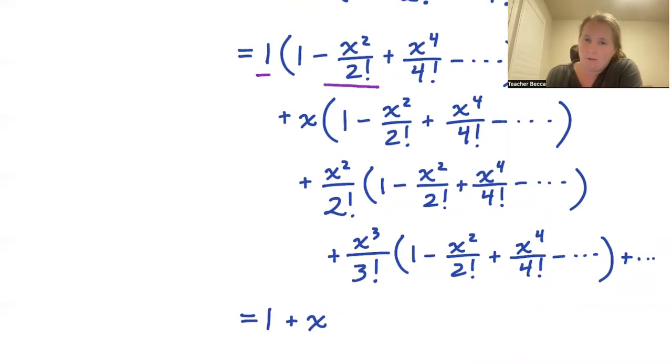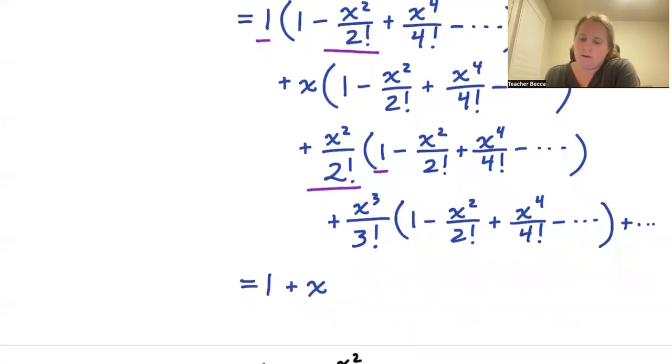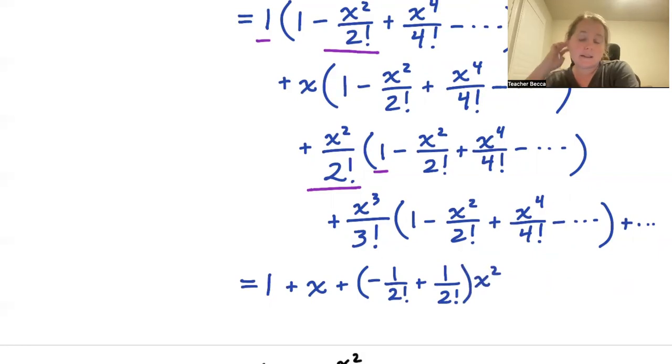And then we will have a plus x squared over 2 factorial times 1. Right? So we have plus negative 1 over 2 factorial plus 1 over 2 factorial times x squared. Okay. For x cubed, so that came from the purple, that would of course just go to 0.